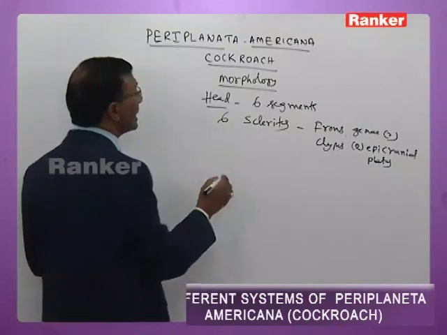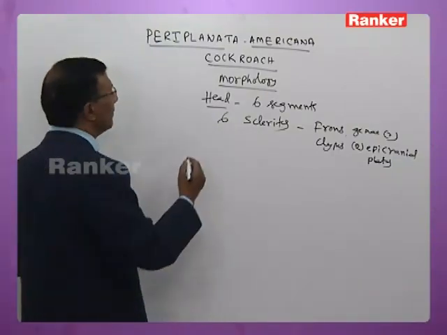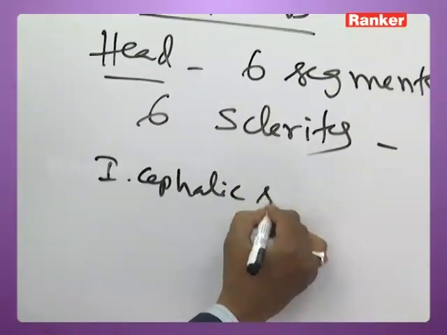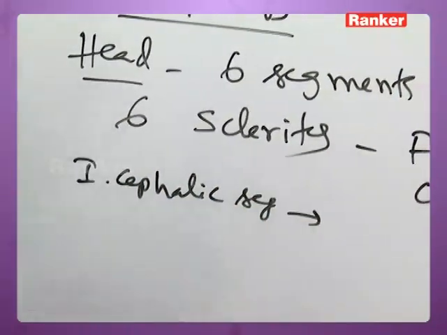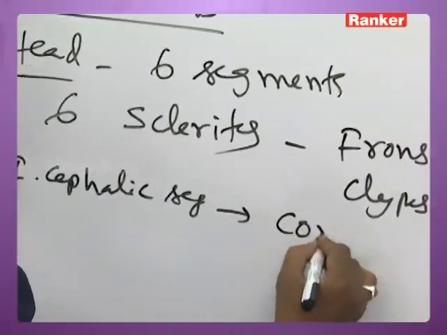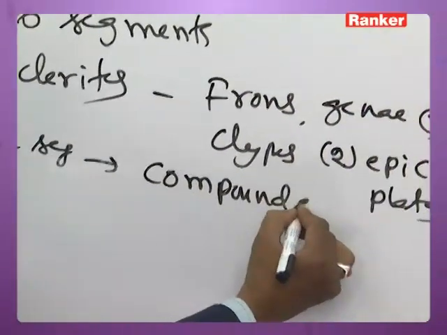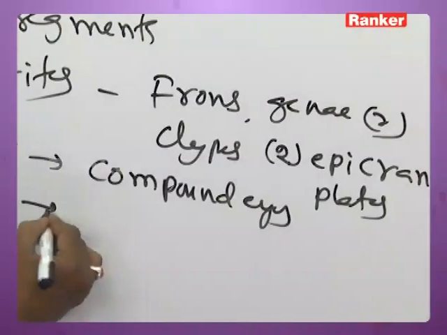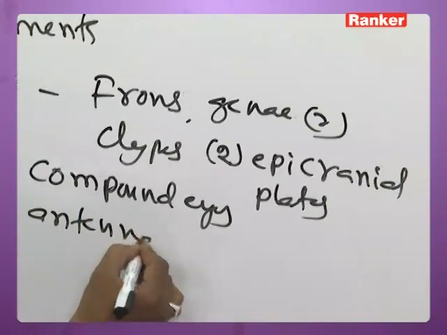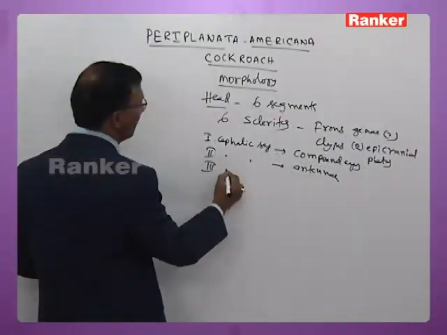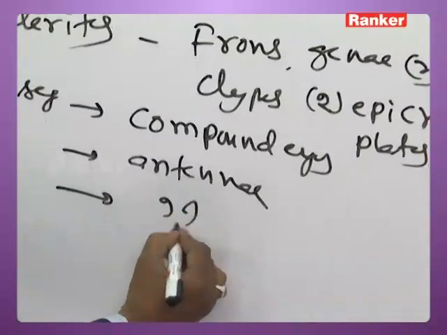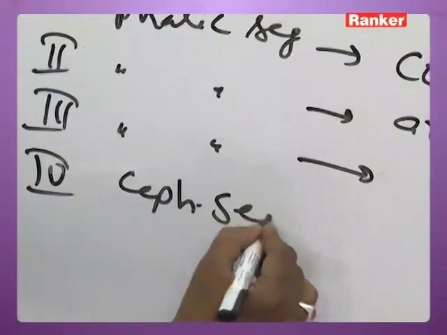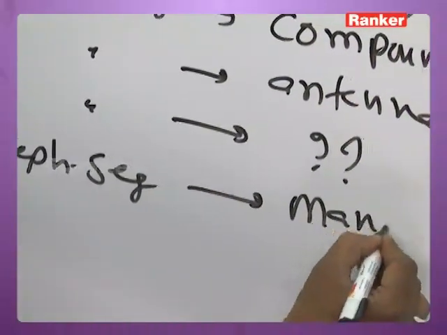Now these 6 segments give rise to the appendages. The first cephalic segment gives rise to compound eyes. The second gives rise to antennae. The third cephalic segment is not known. The fourth gives rise to mandibles.